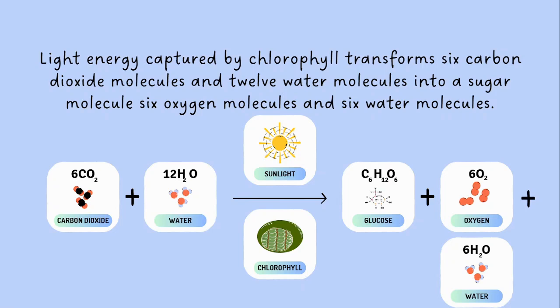As you can see in the reaction, there are 6 carbon dioxide molecules which combine with 12 water molecules, and in the presence of sunlight and chlorophyll, it produces one glucose molecule and 6 oxygen and 6 water molecules. Okay, so this is photosynthesis. Let's see more details about it.